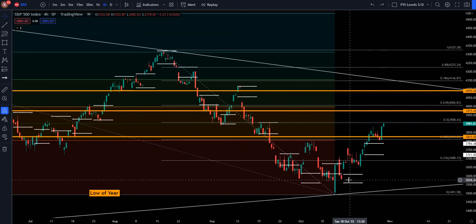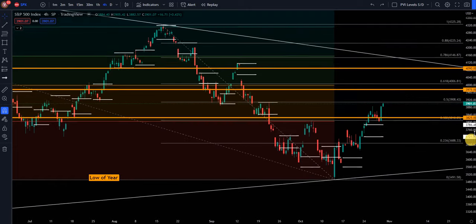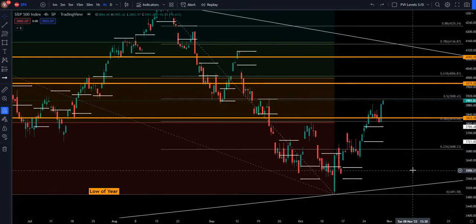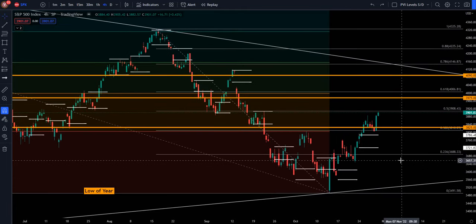Friday was big, but October 13th off the lows, as we put in the lows, and we talked about certainly in ITG that the lows of the year would come on a spike down, but we'd be back well above the previous lows of the year in no time, and we took it back almost the same day.